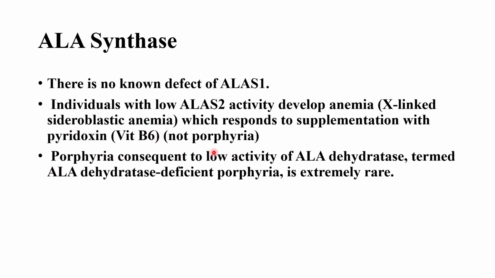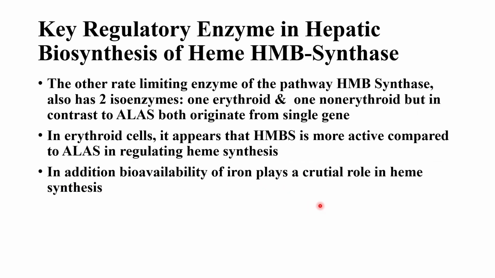Porphyria consequent to low activity of ALA dehydratase, that is the second enzyme, is called ALA dehydratase deficient porphyria. This is also extremely rare. Now, one more enzyme, that is HMB synthase, hydroxymethylbilane synthase. That is also a rate limiting enzyme of this pathway.